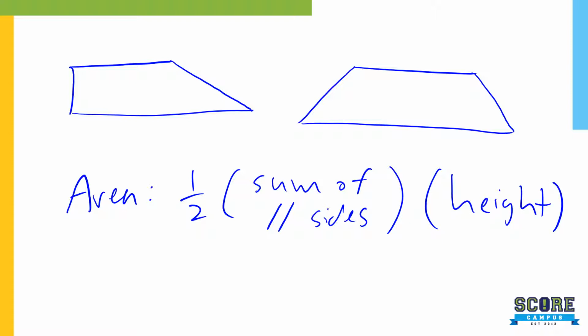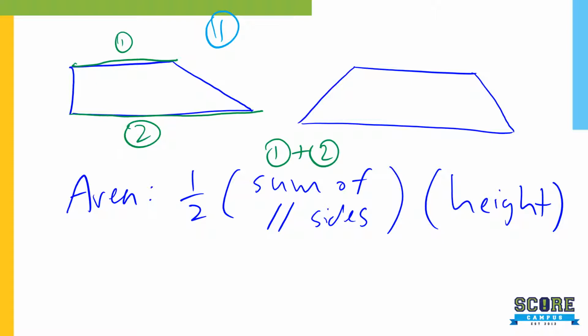Okay, so this is side 1, this is side 2, right? For trapezium 1, the sum of the parallel sides is 1 plus 2, and the height is h.